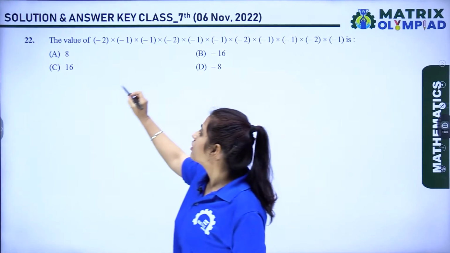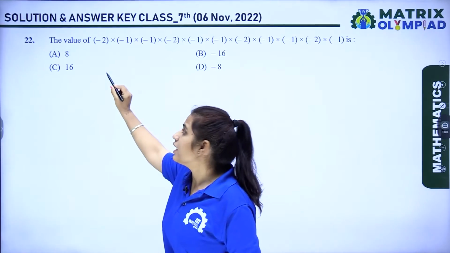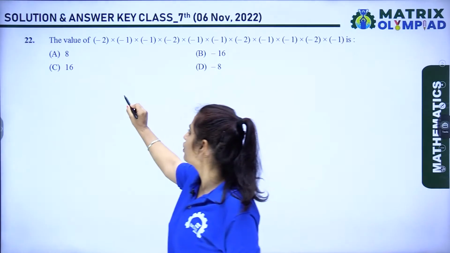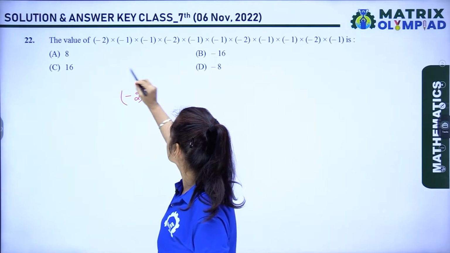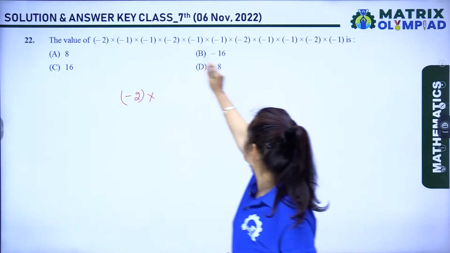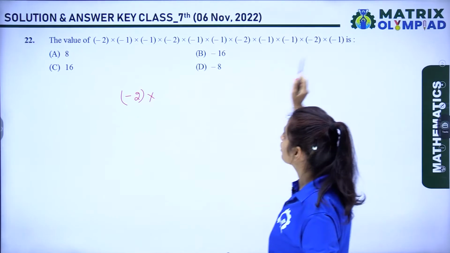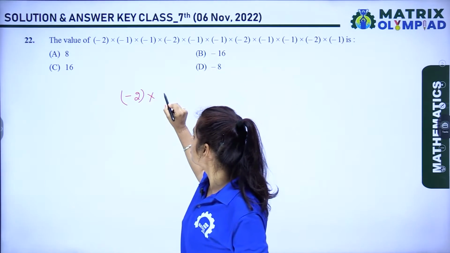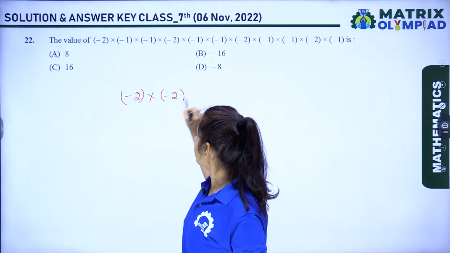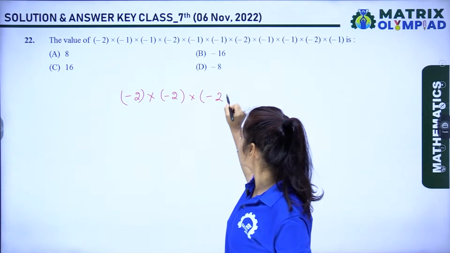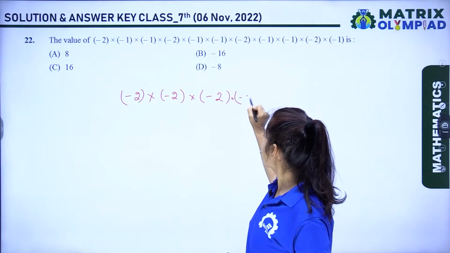Now let's write down how many times 2 is repetitive. So here negative 2 is repeated 1, 2, 3, 4 times. So let's write down negative 2 multiplied by negative 2 multiplied by negative 2 multiplied by negative 2.